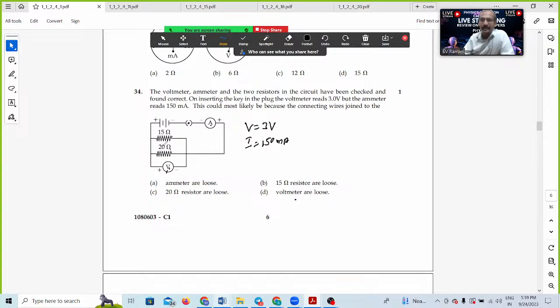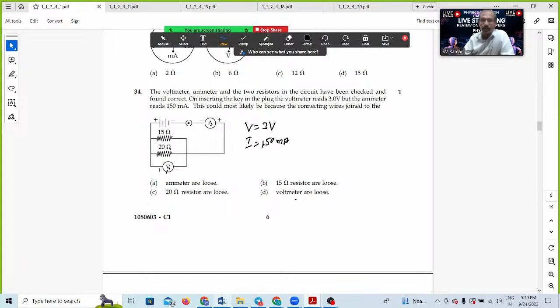Now you can see these two are in parallel connection. Can we calculate the total resultant resistance? Yes, we can calculate. Finally, what do we get? The ammeter is loose, the 15 ohms resistor is loose, the 20 ohms resistor is loose, or the voltmeter is loose.